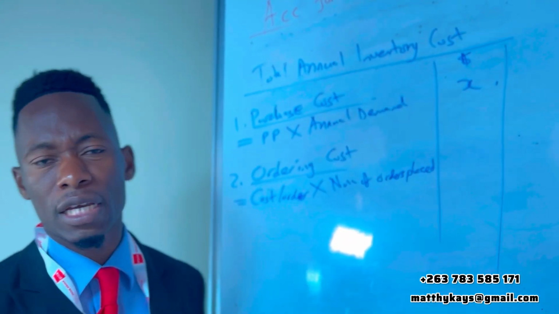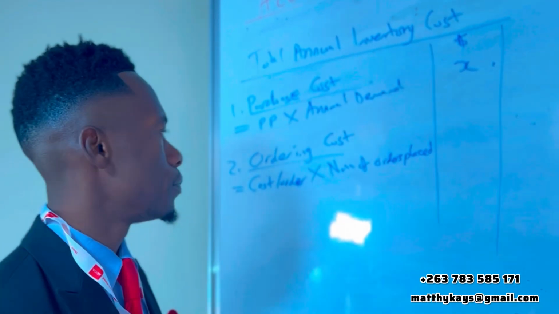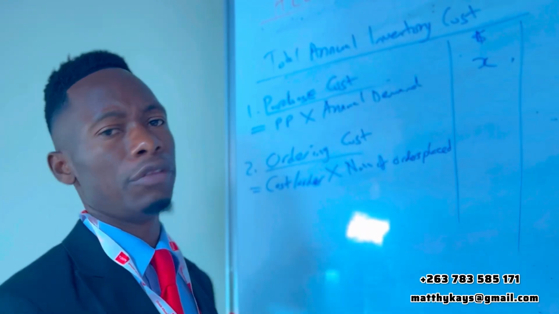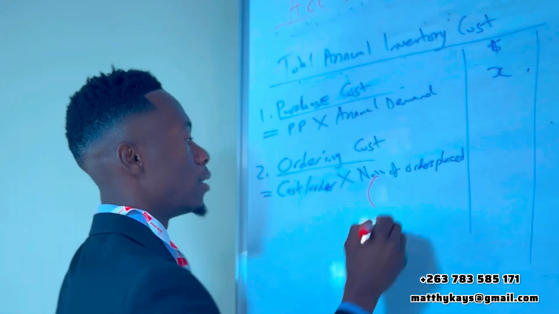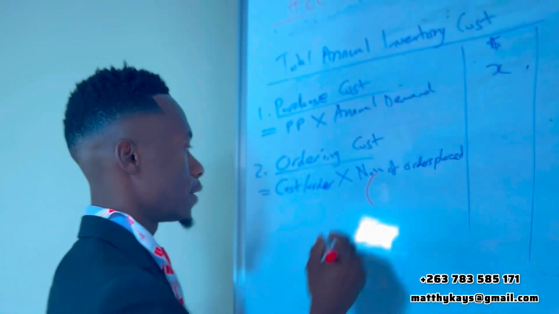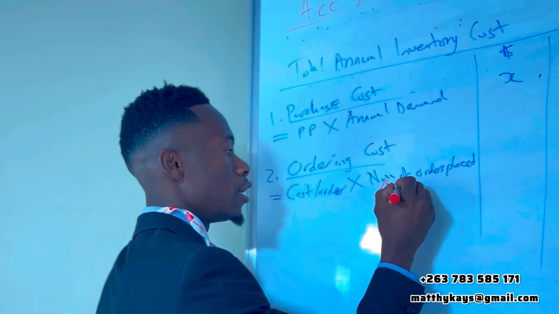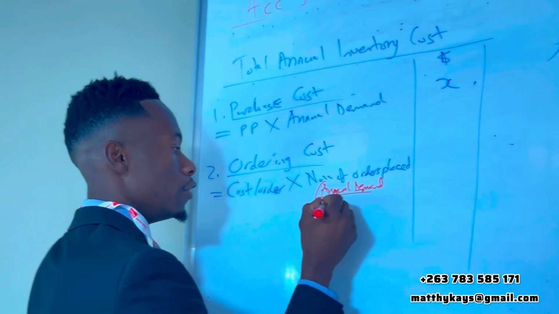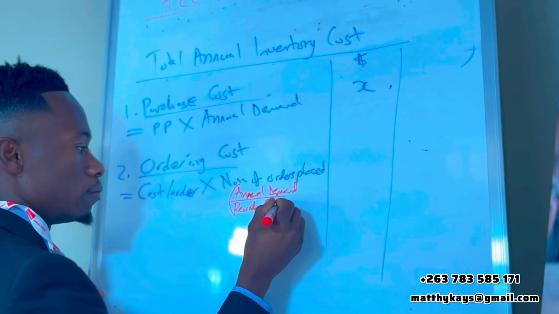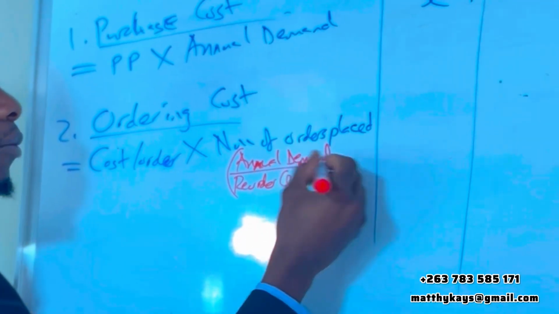But do you think the exam is that simple? No, you won't be given the number of orders placed, but you just apply pure common sense. What is the pure common sense here? The annual demand divided by the reorder quantity. That's how you get the number of orders placed.